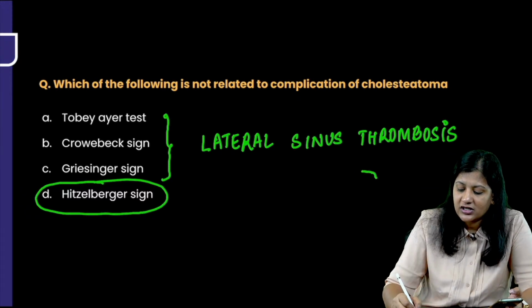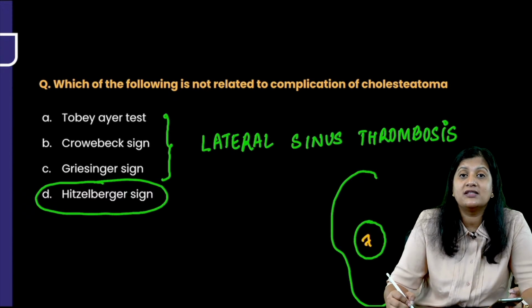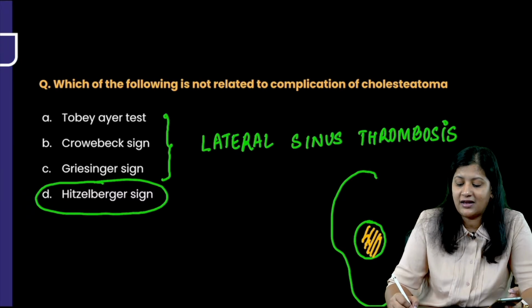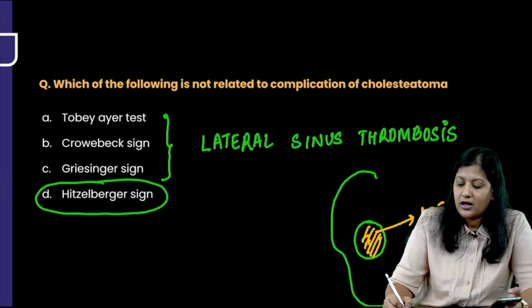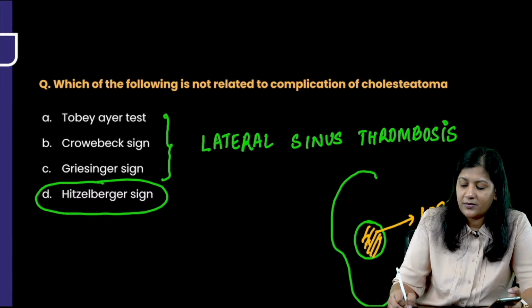And this facial nerve has sensory supply in the region of concha. Because of compression of the 7th nerve, there will be loss of sensation in the region of concha. This loss of sensation in the region of concha, we call Hitzelberger sign.